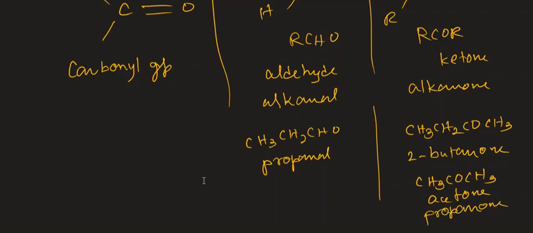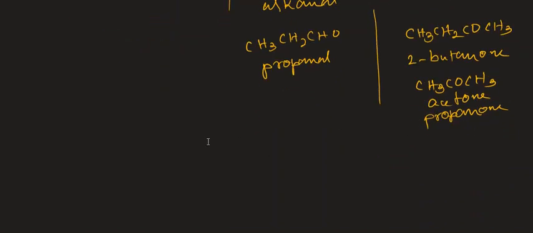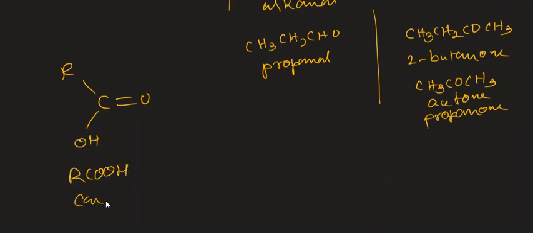Okay. So these are all aldehydes and ketones, and we can derive the functional groups of carboxylic acids also based on this. See that C double bond O, I can put R here. When I put OH here, then it becomes what? RCOOH. So what is this? Carboxylic acid, about which we already discussed.